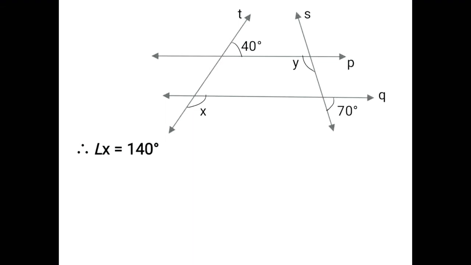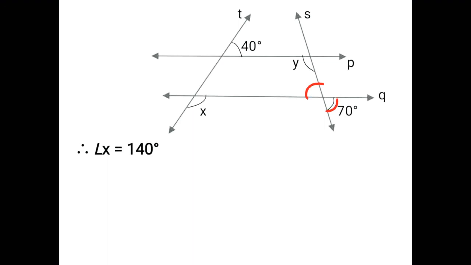Okay. On line S you have to find angle Y, and a 70 degree angle is given on line Q. So if this angle is 70 degree, so this angle is 70 degree. Vertically opposite angles are congruent. Here this angle is given 70 degree, so this angle should be 70 degree, because both are opposite angles.